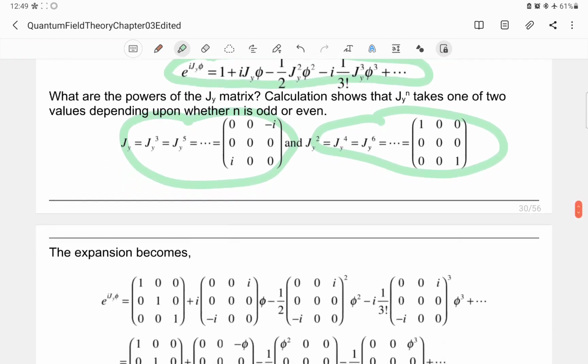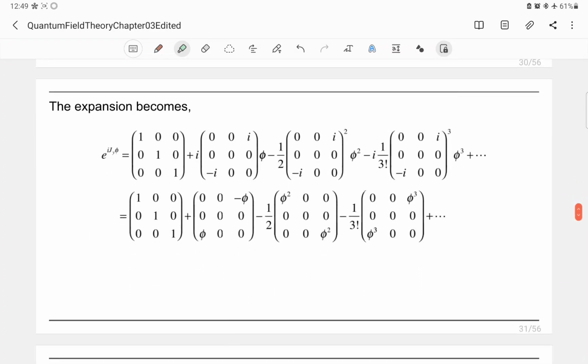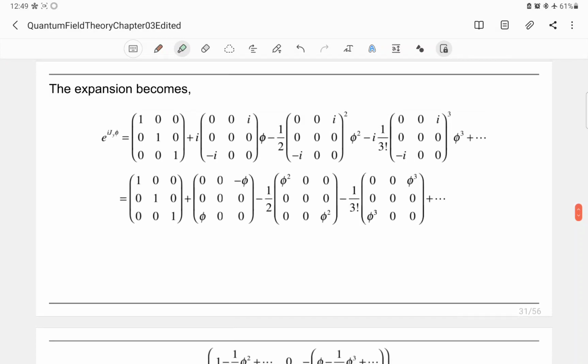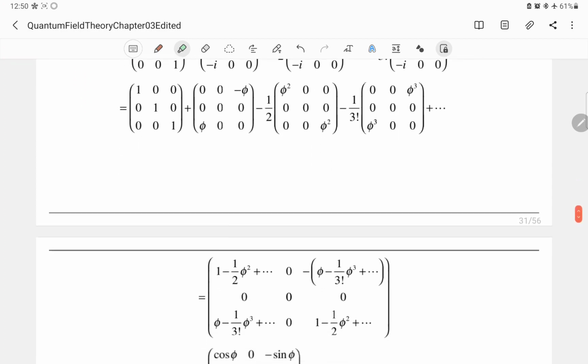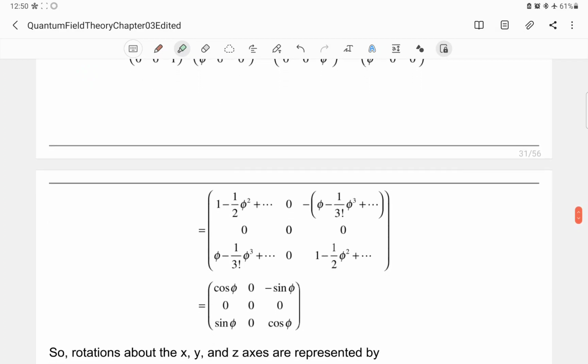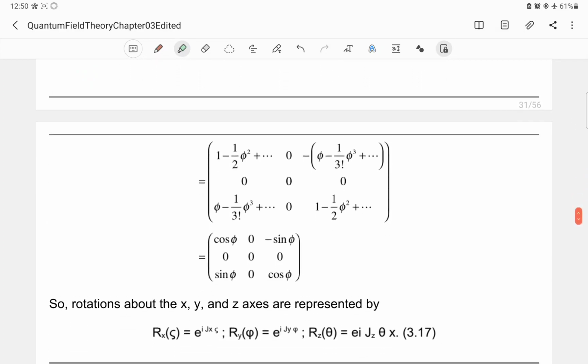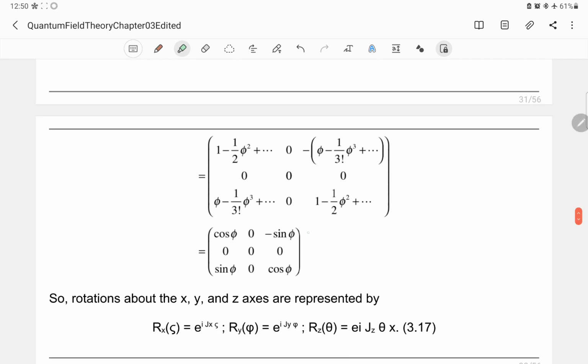Now the expansion in terms of matrices would have to look like this. And so if you combine them element by corresponding elements, then you would have this one. Finally, this is Ry of phi.